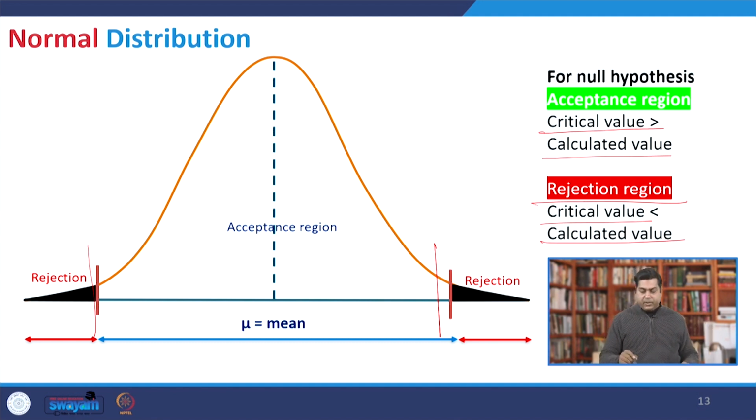Say, for example, if you consider z value or t value. In both cases, if you take 95% confidence level, the corresponding z value is 1.96 in a two-tailed test, and at the same time the t value is also the same, 1.96.